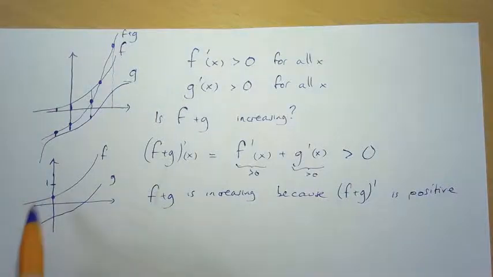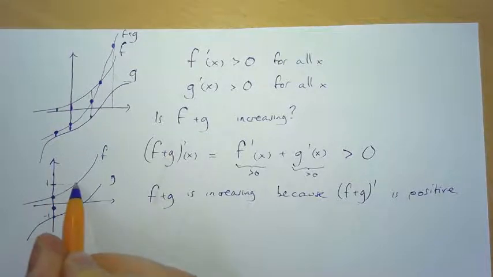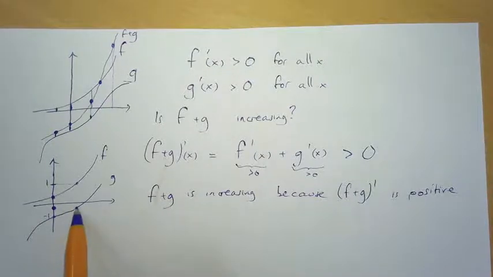Here, this is a number less than 1, so if I multiply a number less than 1 by this, let's say it just goes perfectly through -1, it's going to end up right there. Here, it's exactly 1, so if I multiply 1 by g, I'm going to get exactly g. It's already much less clear whether this is always going to be increasing. Of course, this is only a sketch, so we can't conclude anything from here, but it's really not very clear.